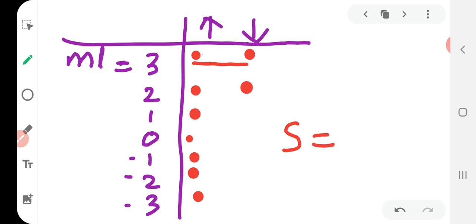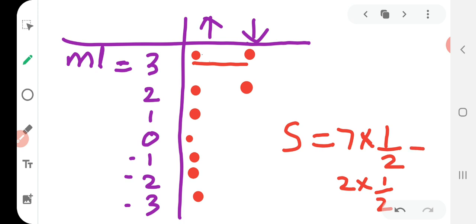These 7 electrons will be having up spin, so their spin is 7 into plus half. And these 2 electrons will be having minus spin, so their spin is 2 into minus half. So what is the total value of S here? S will be 7 by 2 minus 2 by 2.